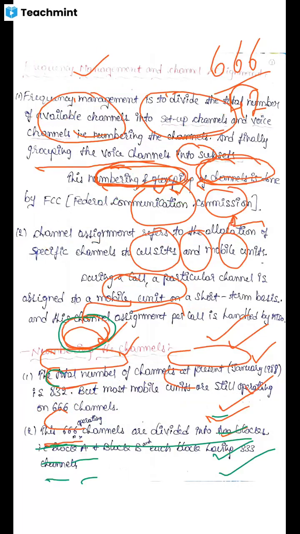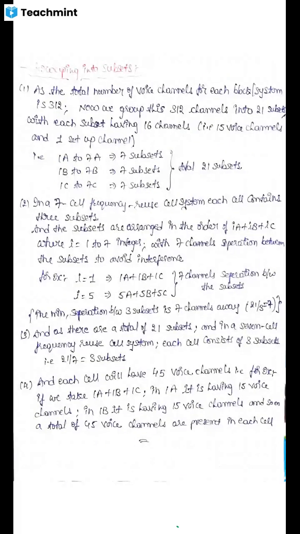So coming to the grouping concept: grouping the voice channels into subsets. How will I group these channels? In block A, or system A, I have 312 voice channels, 1 to 312.